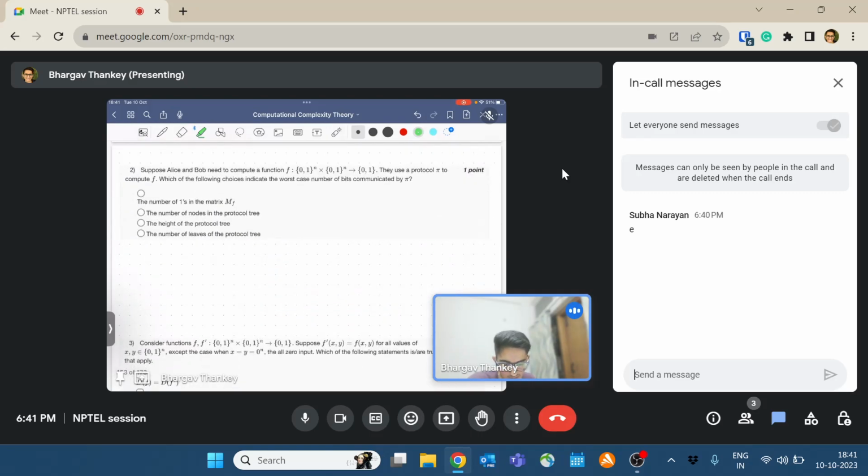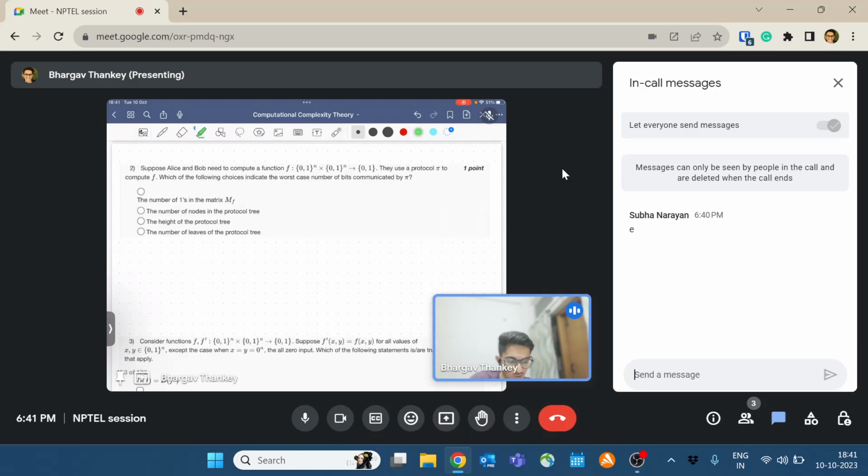The next problem is: suppose Alice and Bob need to compute a function f from {0,1}^n cross {0,1}^n to {0,1}, and they use a protocol pi to compute f. Which of the following choices indicates the worst case number of bits communicated by pi?